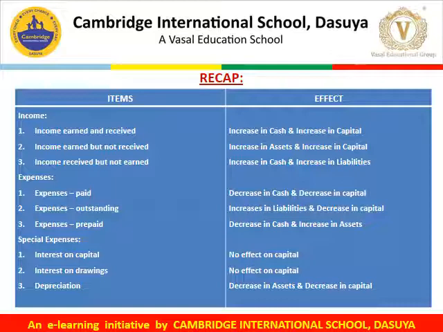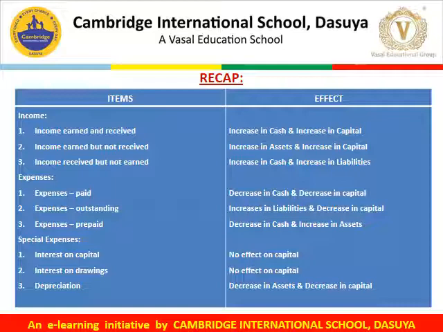Interest on drawing is also an income for the business, but we are not receiving the interest on drawings from the owner, the proprietor, so it will also have no effect on the capital. Depreciation. Depreciation is the reduction in the value of assets due to normal wear and tear and expected obsolescence, means outdated technology. So depreciation will have the effect of decrease in asset and decrease in capital.